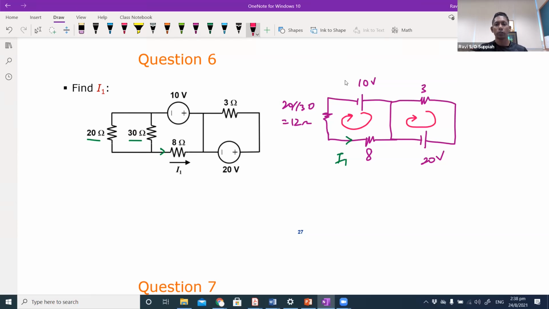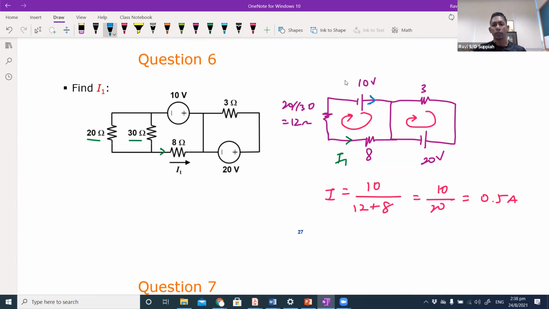All right, so all I need to do to calculate I1, I can draw a loop and just calculate using my KVL loop. So it'll be 10 over 12 plus 8, which will be 10 over 20, which is 0.5 ampere. Now the thing here is, since we know that the supply is connected this way, the current is going to flow in this direction.